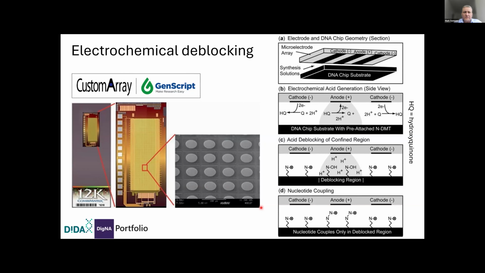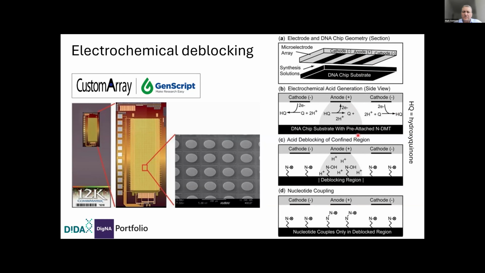And this was pioneered commercially by CustomArray, and CustomArray was then bought out by GenScript a few years ago. And again, the electrochemistry is shown here. So you have anodes and cathodes, and then you add this molecule, hydroquinone, and then in the interface between this anode and this cathode, you have this electrochemistry.